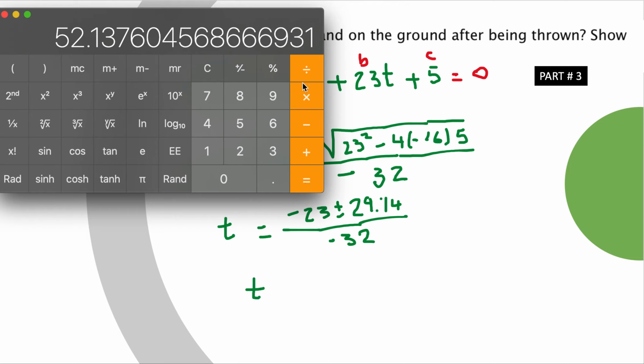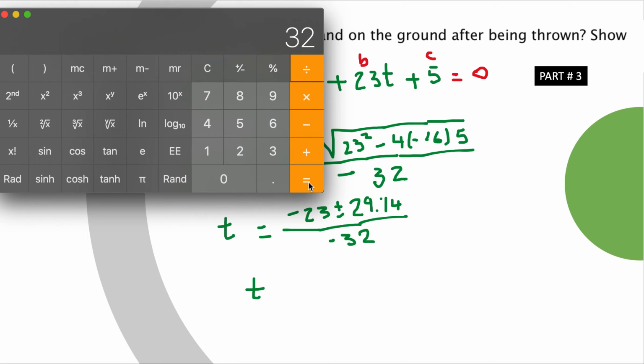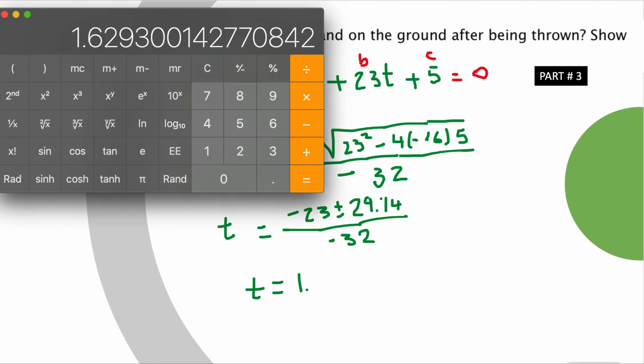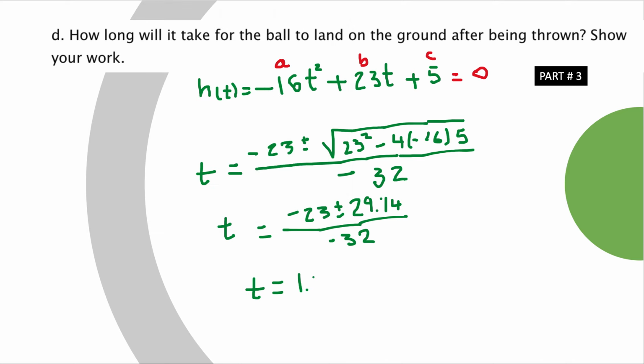Now I divide this by 32, and it is 1.629 seconds. So this much time is going to take the ball to reach the ground.